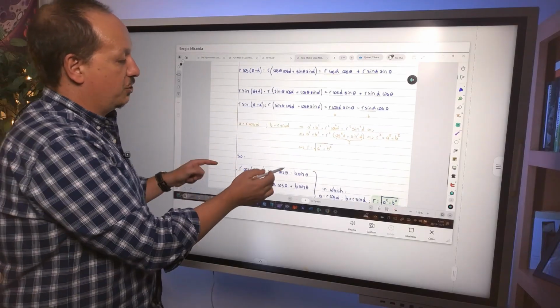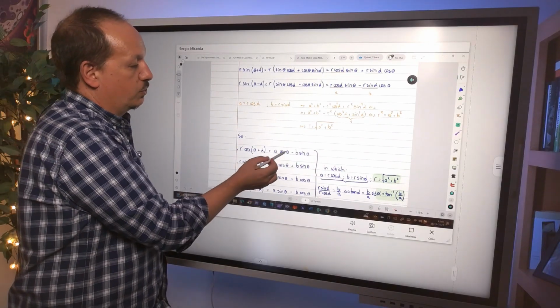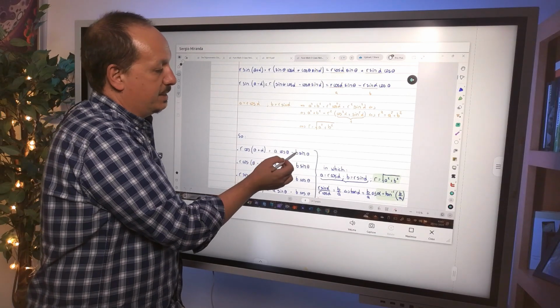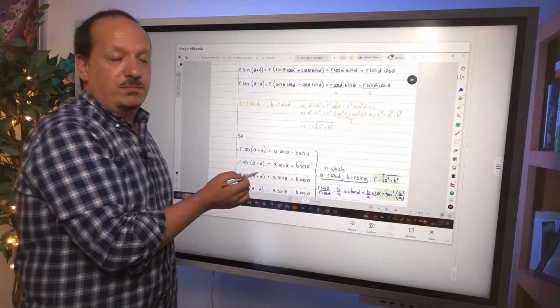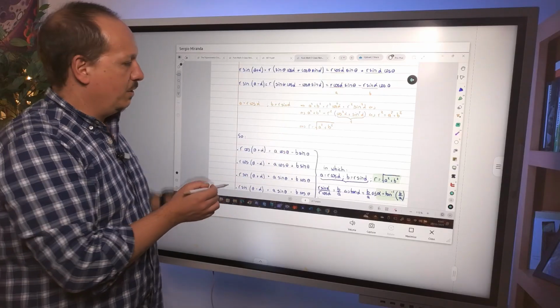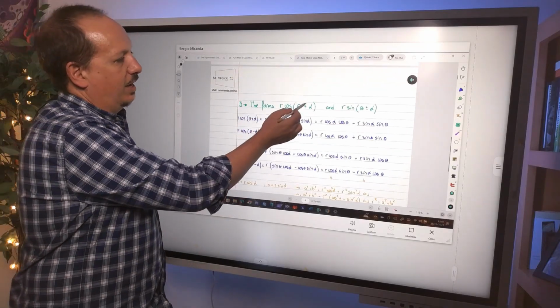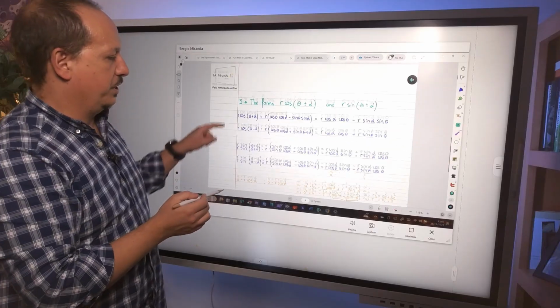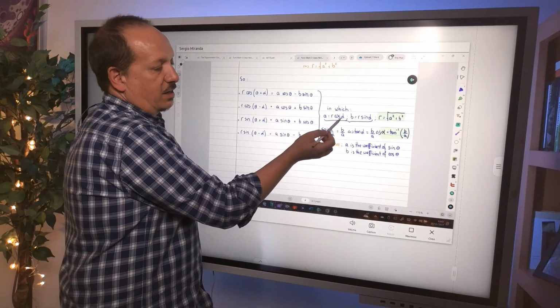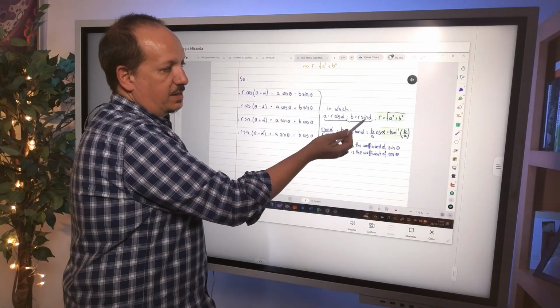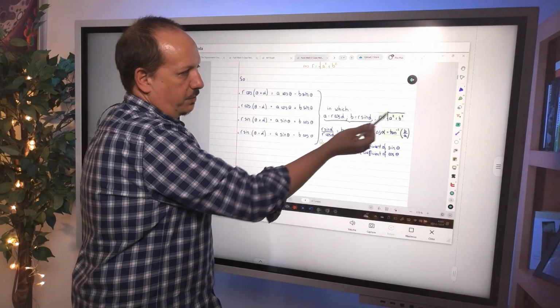This value r is just going to be the square root of 2 squared plus minus 3 squared, and you get the value r. What about the value of alpha? Well, look over here. A is r cosine of alpha, right? B is r sine of alpha.